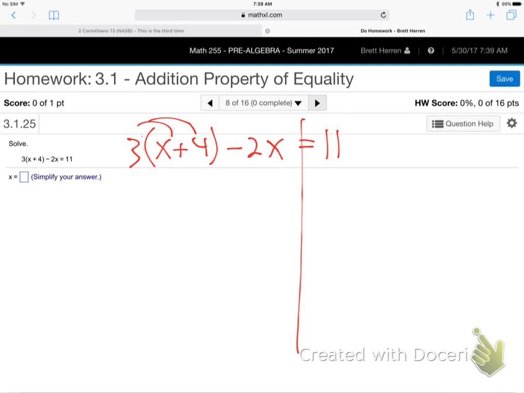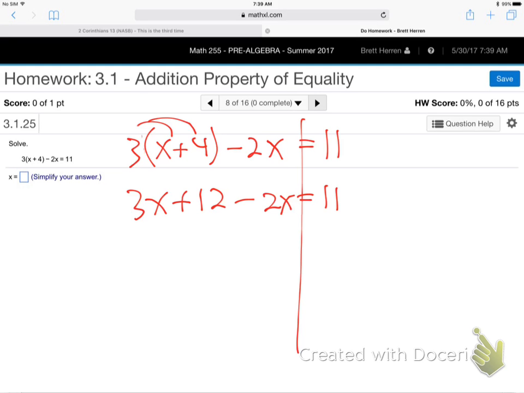So multiply. 3x plus 12 minus 2x is 11. We good to there so far?